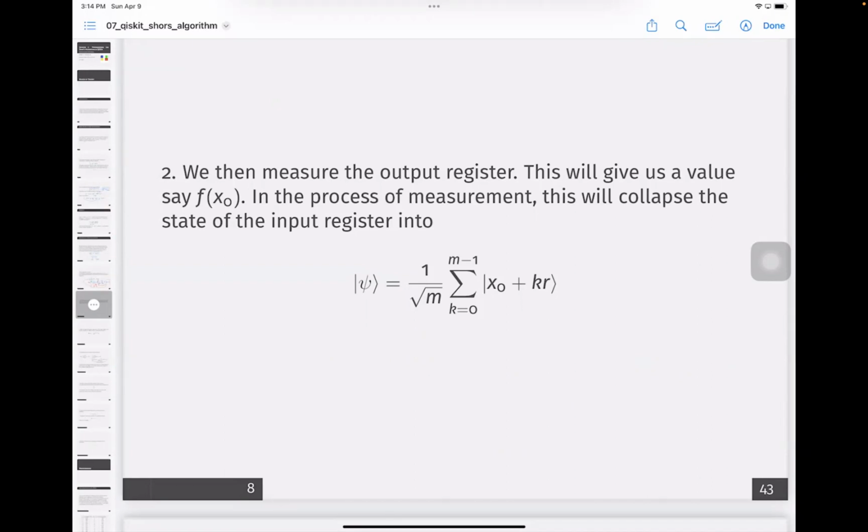Assume that there are m of these states. Let me explain that further.